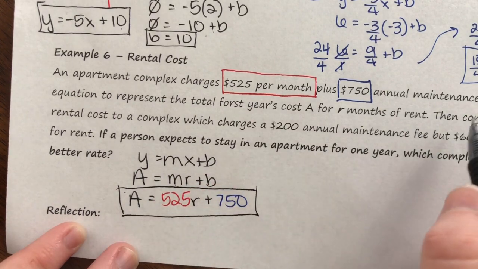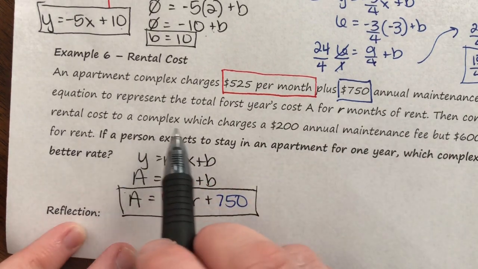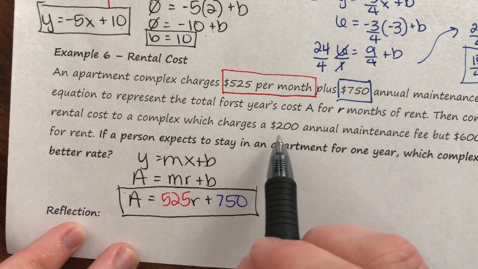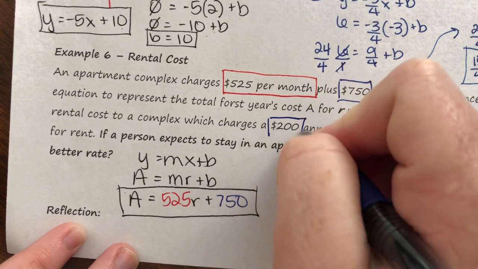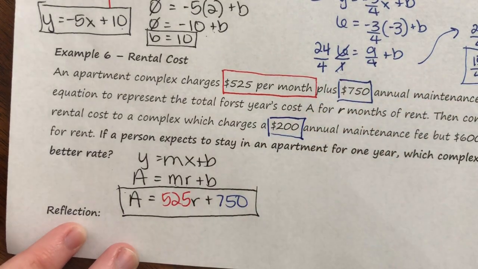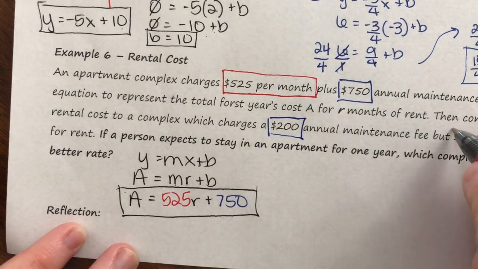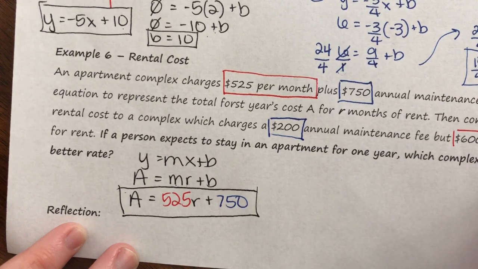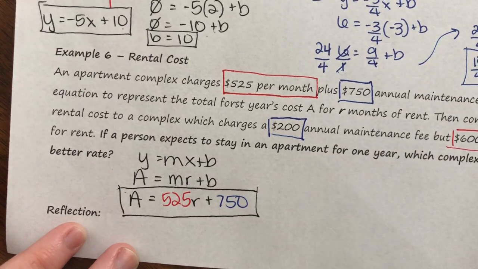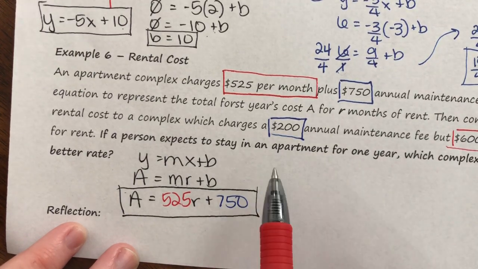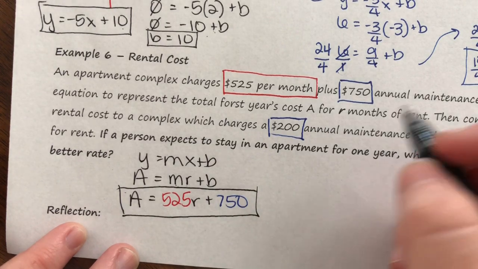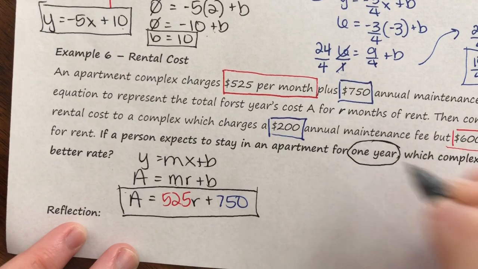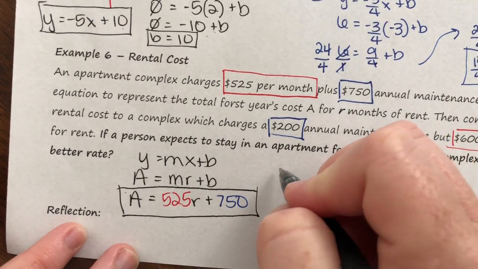Then compare this rental cost to a complex which charges a $200 annual maintenance fee, instead of the $750 annual maintenance fee, but $600 per month. If a person expects to stay in an apartment for 1 year, which complex offers the better rate? Okay, so now we have to write the other equation.